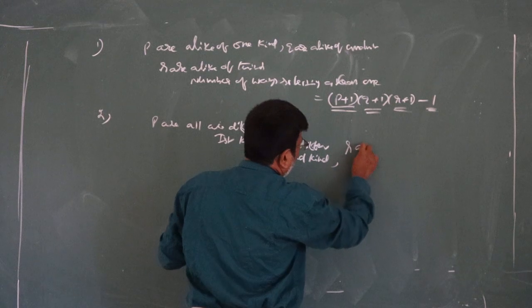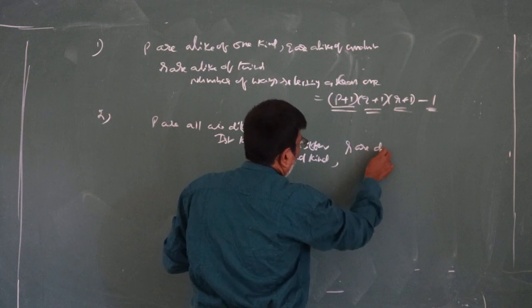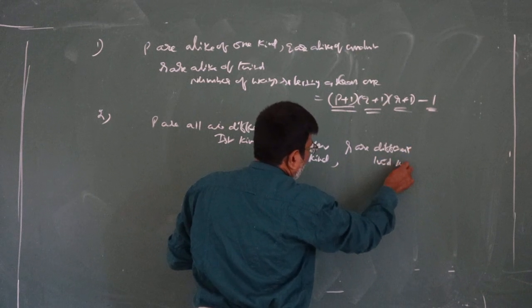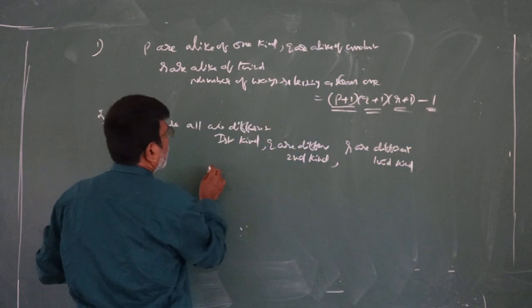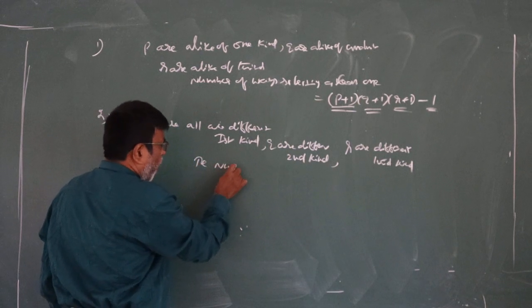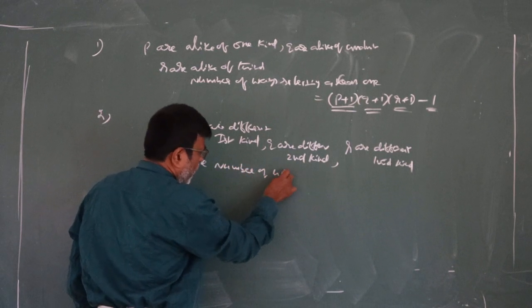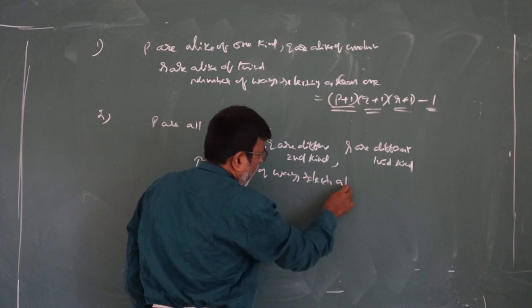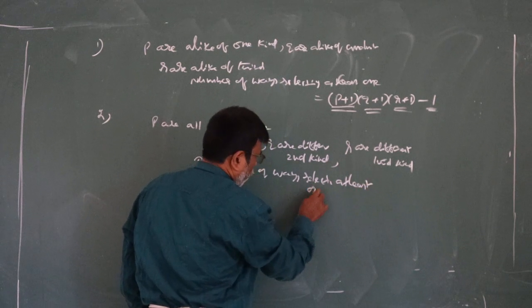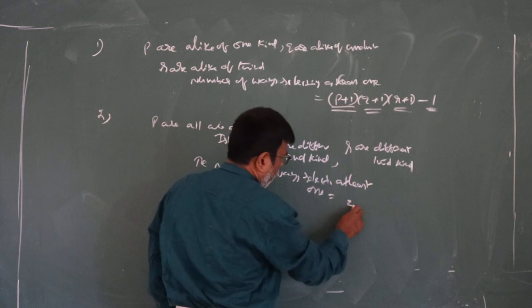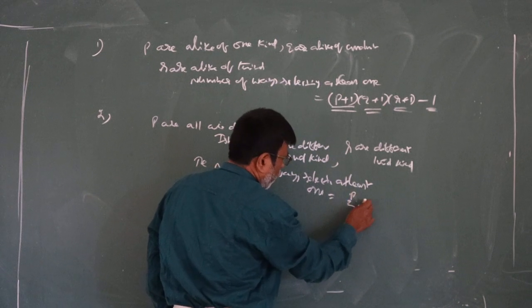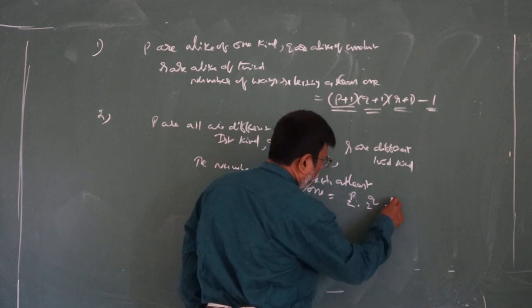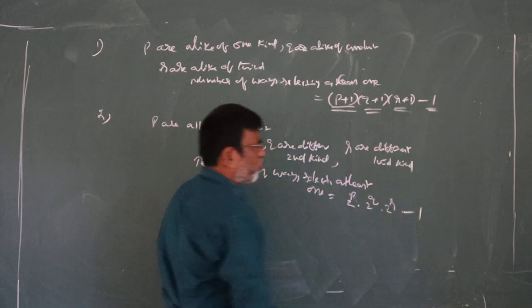R things are different, the third kind. The number of ways of selecting at least one is 2 power p into 2 power q into 2 power r, minus 1.